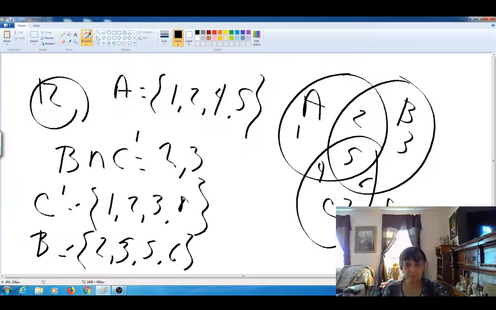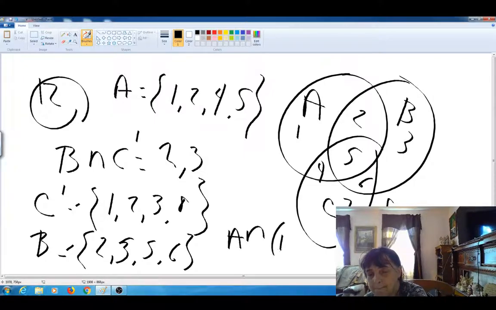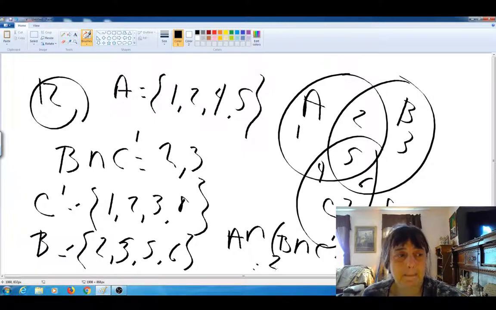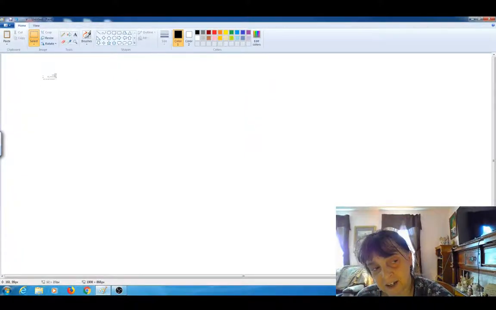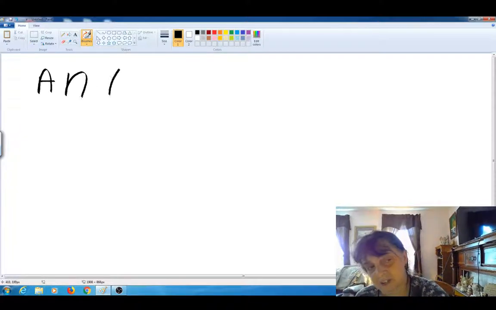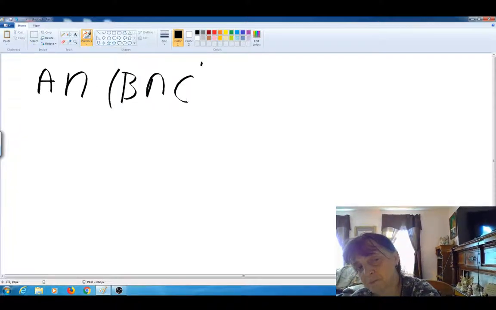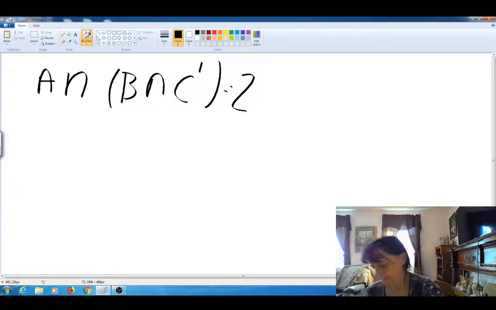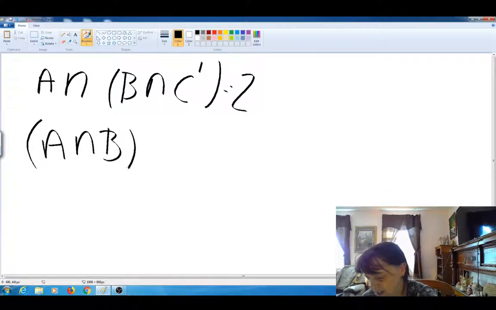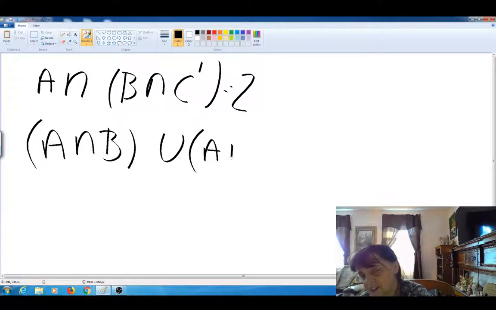So A intersects C prime is just 2. So the left-hand side, A intersect B intersect C prime, is 2. And now find the other side, A intersect B union A intersect C prime.